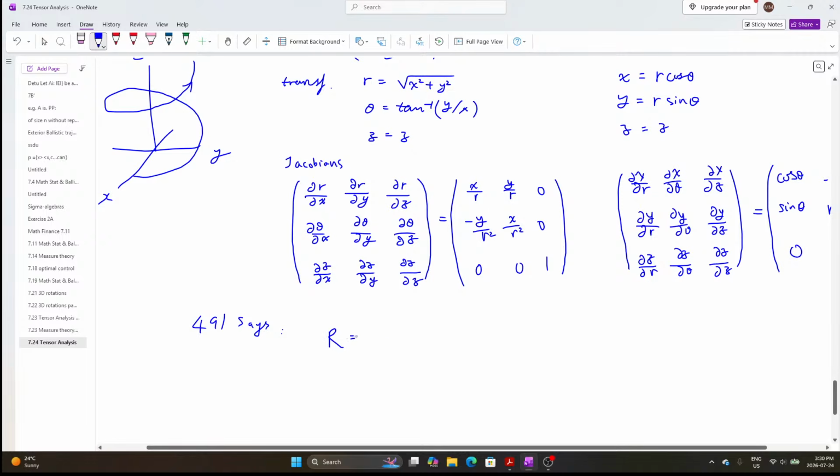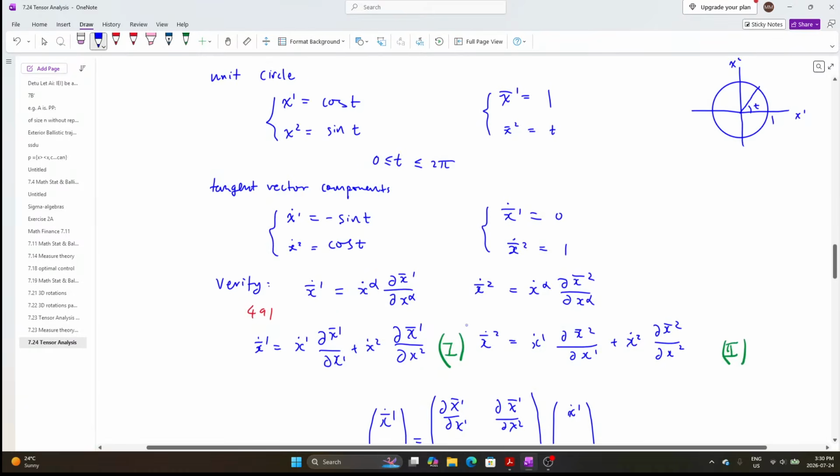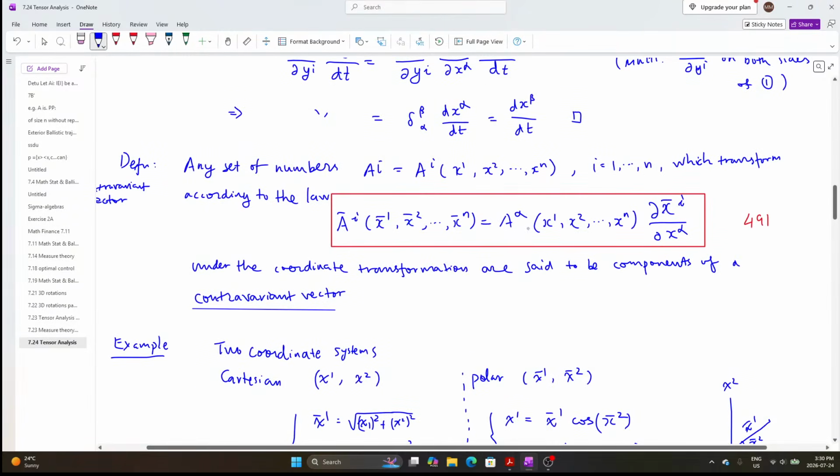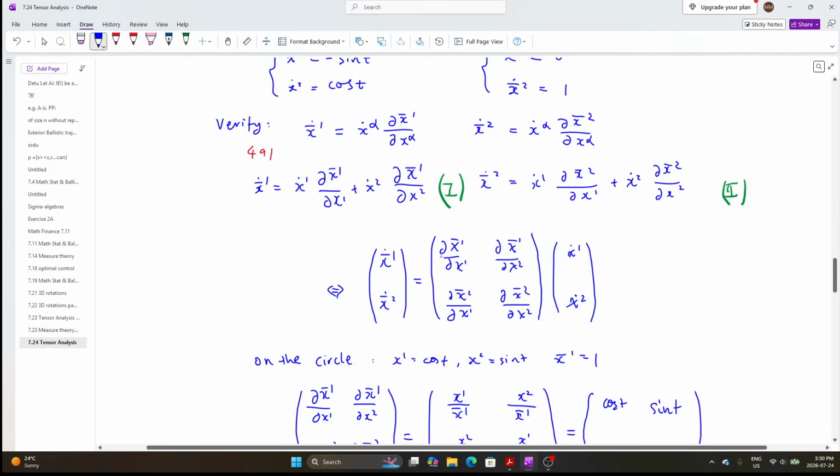So R should be, big X times dr dx. This is what it says. A verbal description of 491 would be the original component times the forward Jacobian. Or actually, in terms of matrix multiplication, it should be the forward Jacobian times the original component. So let's do that.